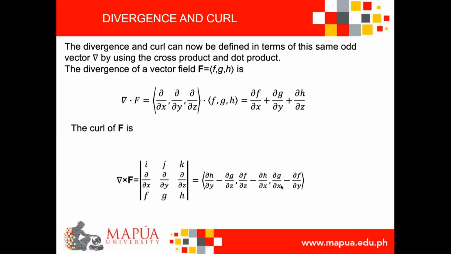Then the third component will be partial g with respect to x minus partial f with respect to y. I would advise you not to memorize this formula because, as I've mentioned, we can employ the basket method here, wherein we copy the first two columns and then apply the basket method.